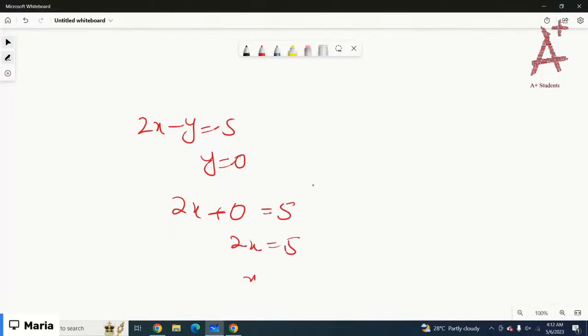That means you have to divide both sides by 2, so x equals 5 over 2.